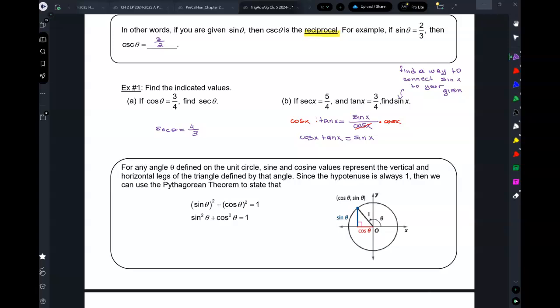Now, tangent of x we know is 3 over 4, times, but do we know what cosine of x is? It's the reciprocal of the secant, 4 over 5. So then the 4's cancel. What's sine of x then? 3 over 5. Wasn't that lovely? Wasn't that so cool?